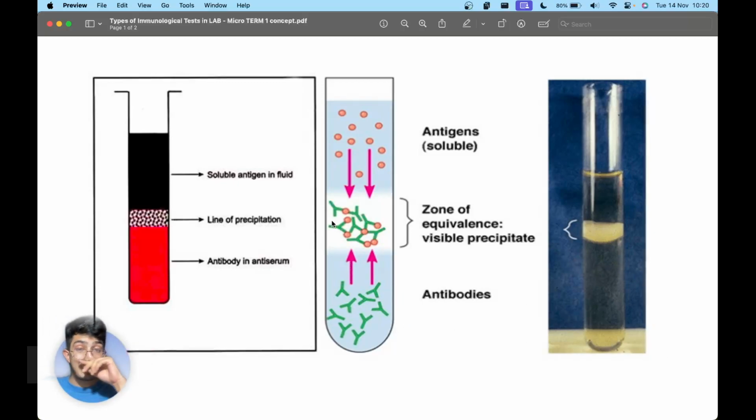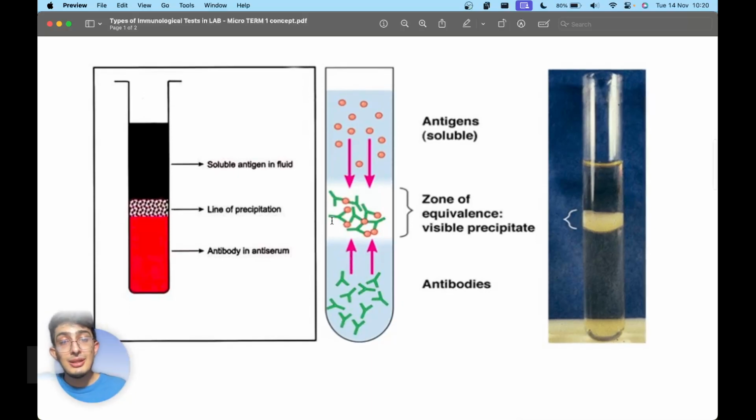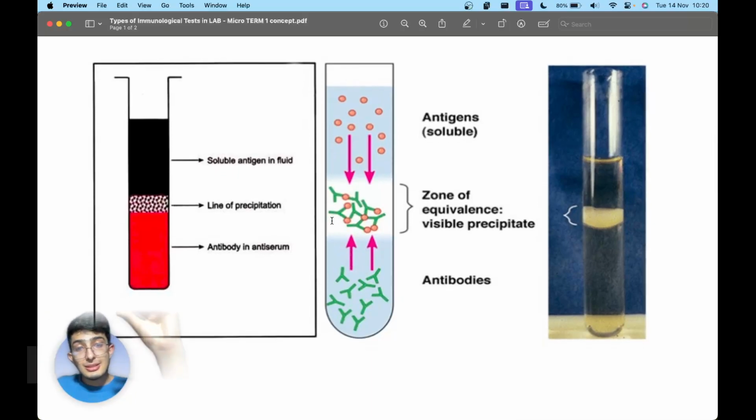But the area where the actual reaction is happening, for example where the antigen and antibodies are in equal amount, that's why it's called zone of equivalence. I would say not equal, but in ideal amount, right? For the sake of this example, if there were five antigens and five antibodies, it's a match, right? And only when there is a match, the antigen antibody complexes are being formed.